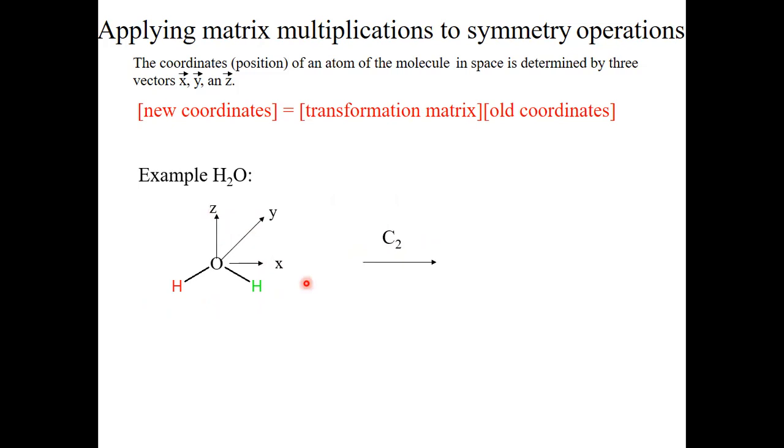And now we have to think about how the coordinates transform as we carry out the symmetry operation, C2. So the symmetry operation C2 is being carried out around the z-axis in the way we have defined our coordinate system. So what does that mean to the 3 vectors here that represent our coordinates?